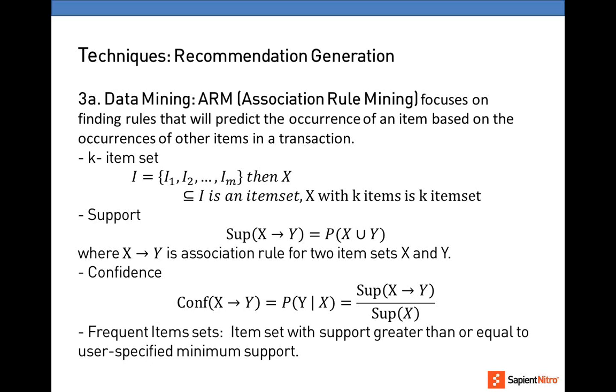For frequent item sets, we first define a minimum support. We know that support is the probability of having X and Y together in a transaction. When I say we define it, it means the admin defines it, maybe as 50%. So 50% of the transactions in the transaction set should have support equal to 50%. If that is happening, then all those K-item sets we call frequent item sets.